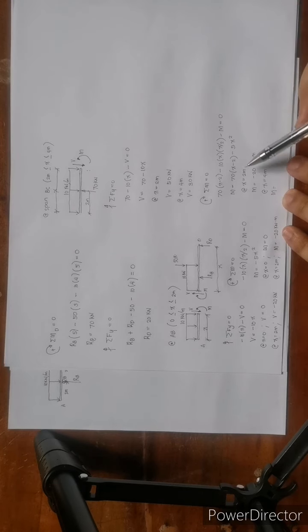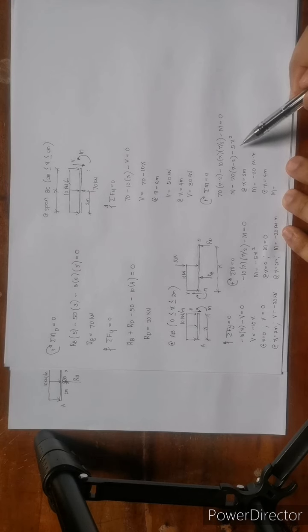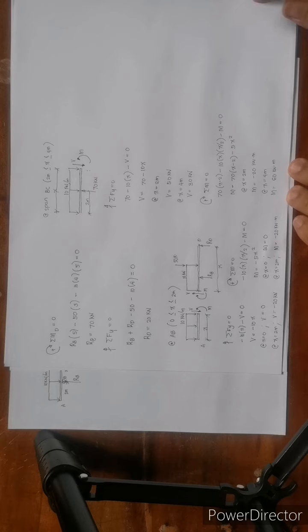Calculator lang natin yan, guys. 70 times (4 minus 2), 140 minus 5 times 4 squared. So, 5 times 16, 80. 140 minus 80, that is 60 kilonewton meter. Okay. So, we are done with span BC.